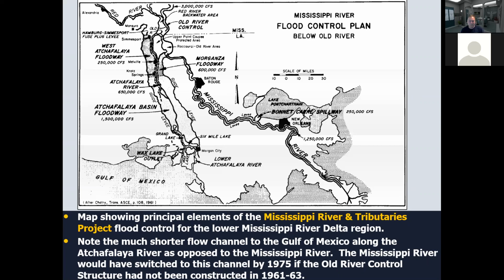The other thing we need to think about is that the creation of the Bonnet Carré spillway was really a recognition that the only way into the city of New Orleans is to travel across a bridge, a bridge that crosses a body of water.